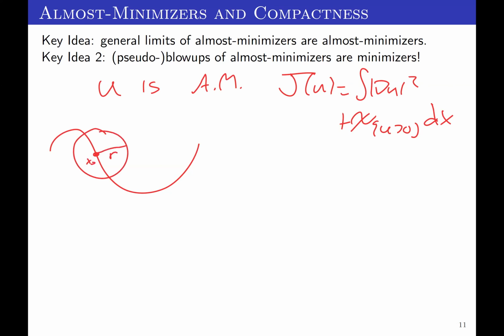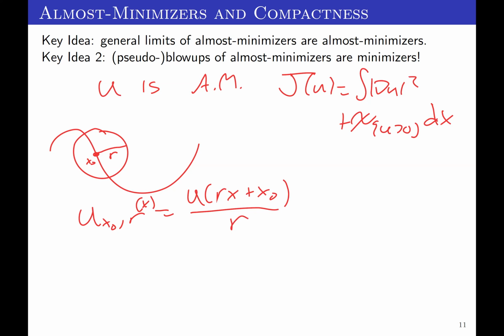This is your point x naught, and here's some radius r. You can define u_{x0,r} at a point x as u of r x plus x naught, over r. This Lipschitz rescaling is the natural rescaling of the problem.